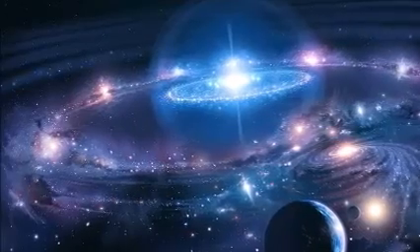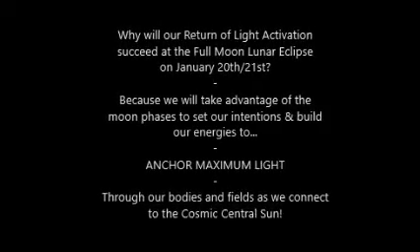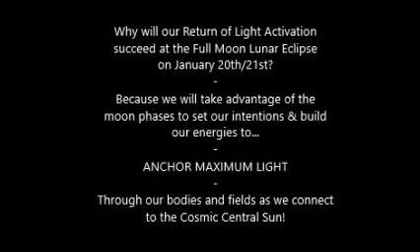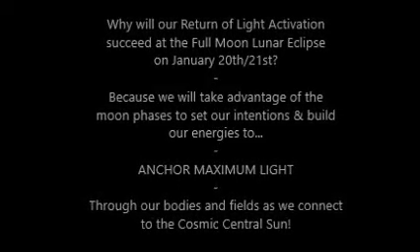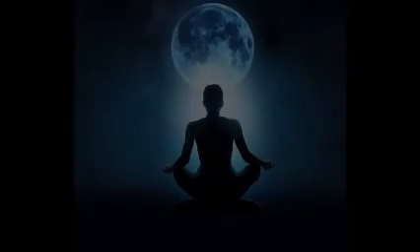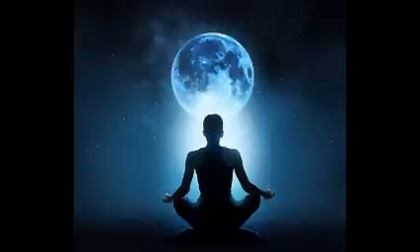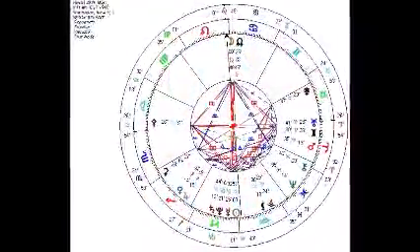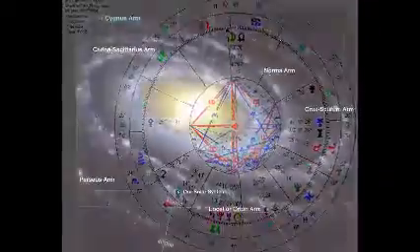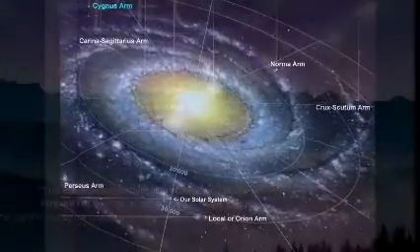The purpose of that is to enable the intention to be set, because the nature of the moon cycle is that if you want to get something accomplished, the strongest effect is that you set your intention, what you want for the cycle, at the new moon, and then you re-emphasize it on the first quarter, and then at the full moon, you do everything you can to manifest it.